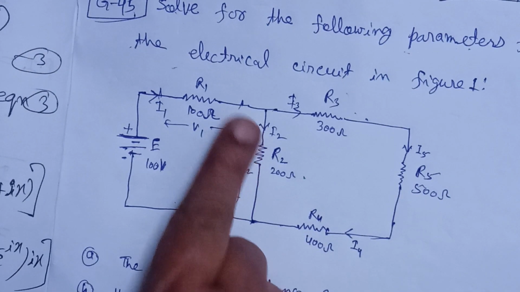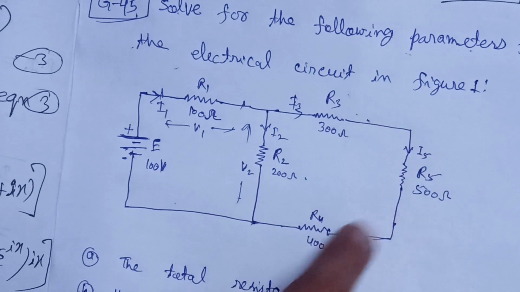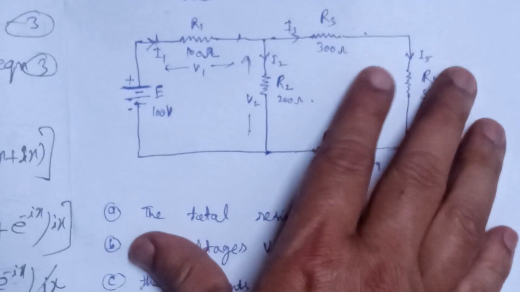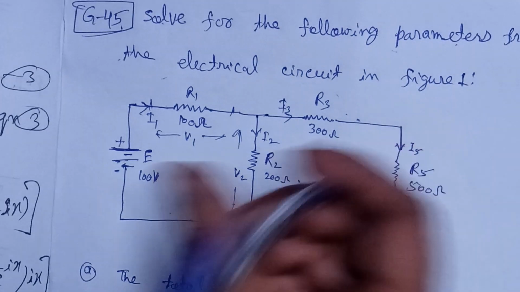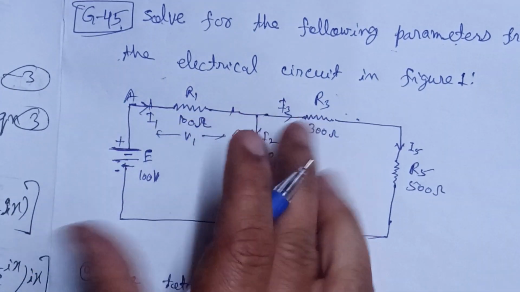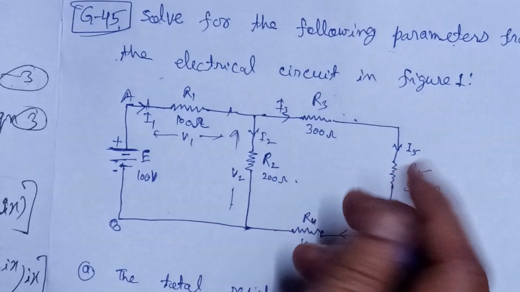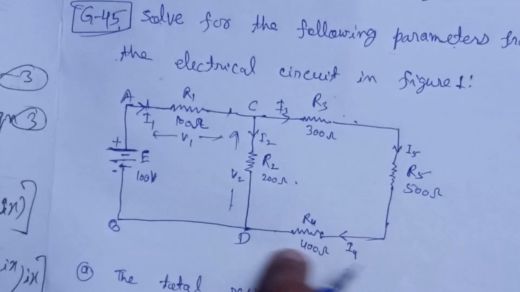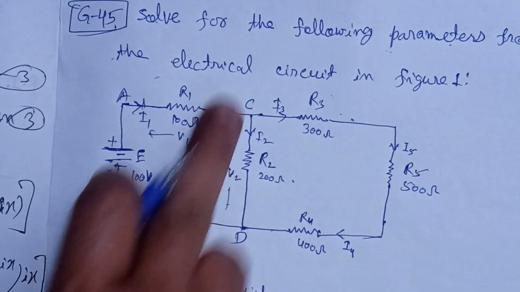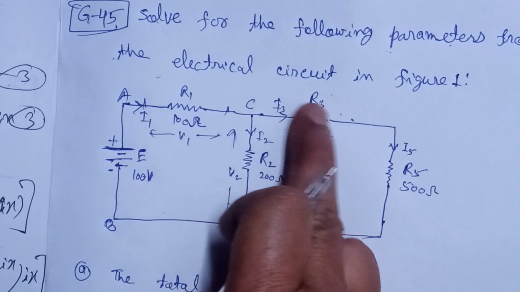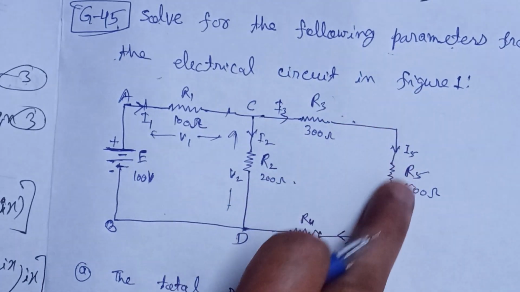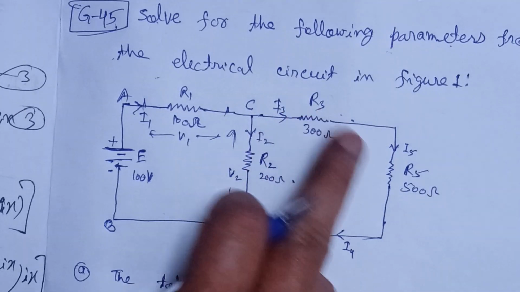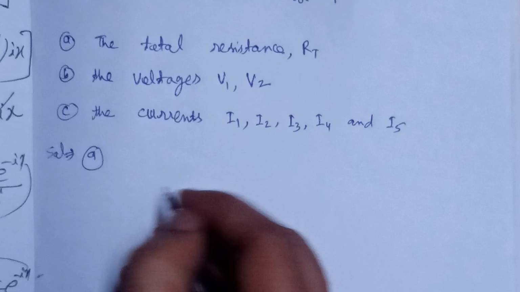Here we see that these three resistances are in series. So we first have to find the resistance in this branch between C and D. I call the equivalent resistance of these three resistances R dash.